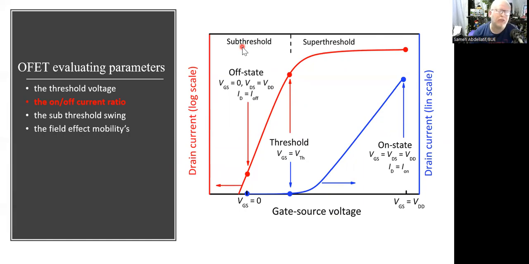Of course, this current is very low with respect to the current during normal operation or after approaching the threshold voltage, but it is still considerable. That's why, when you are considering the subthreshold region, which is the curve in red, you have to plot it in log scale. That's why you can see the small variation in the current.